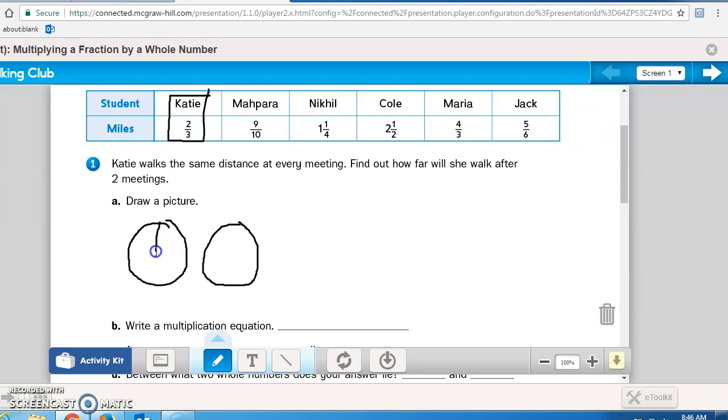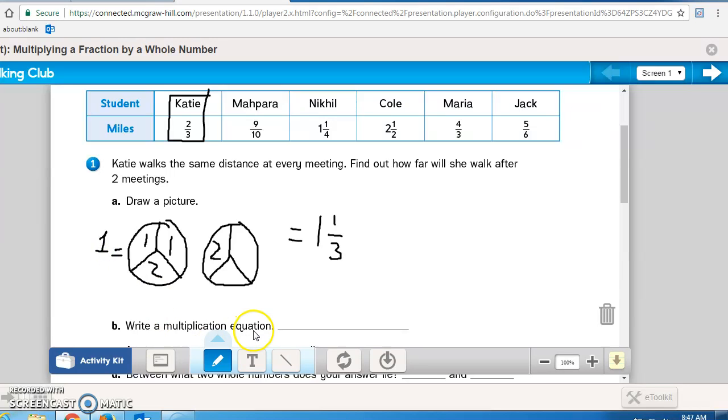If each time she walked 2/3 of a mile, I could go, well, this is 1/3, 2/3, that's her first mile. And then again, 1/3, 2/3. So how much did she do total? She did 1 1/3 miles. Because remember, we said this circle equals 1 mile.